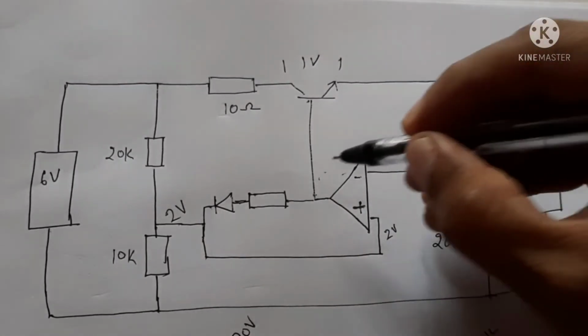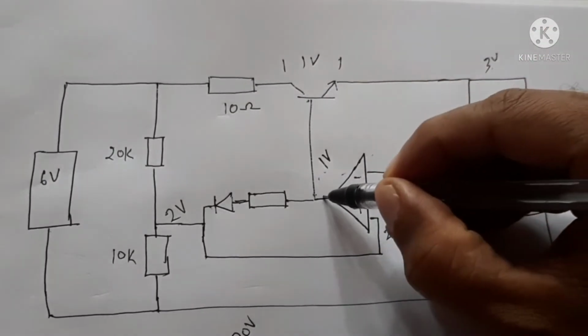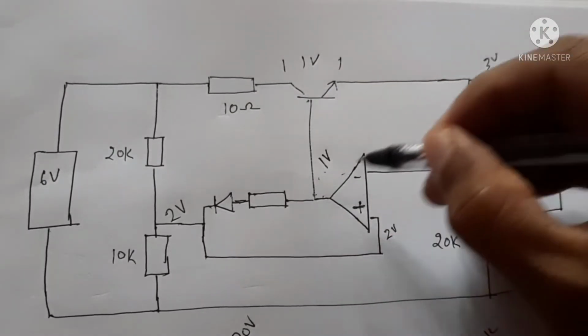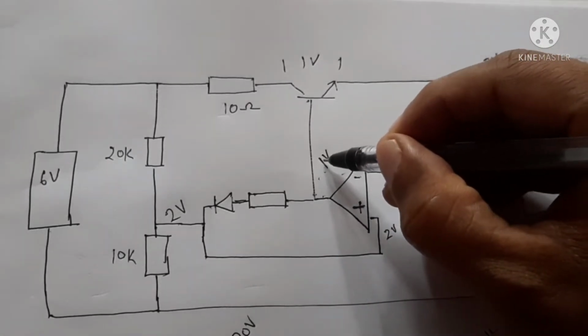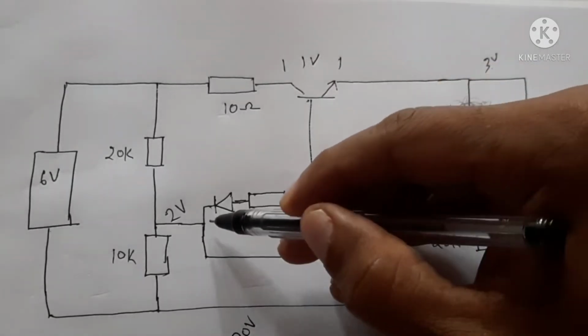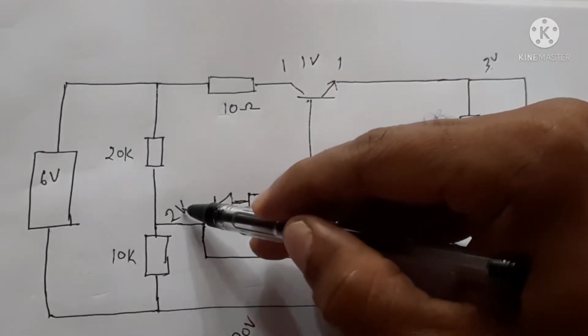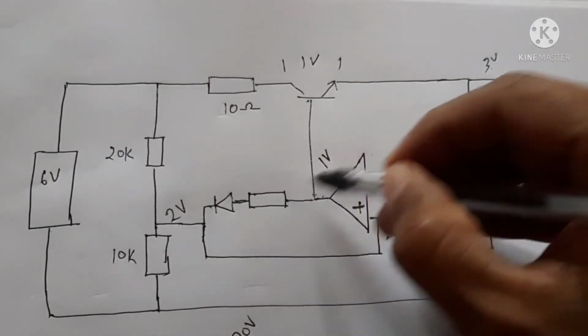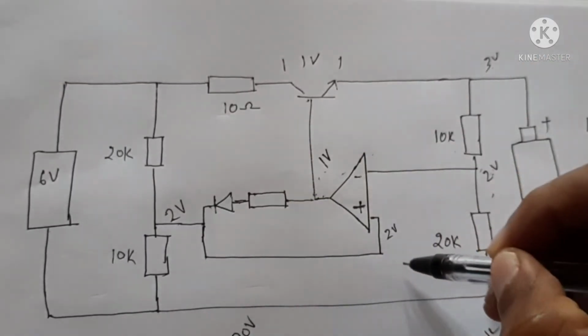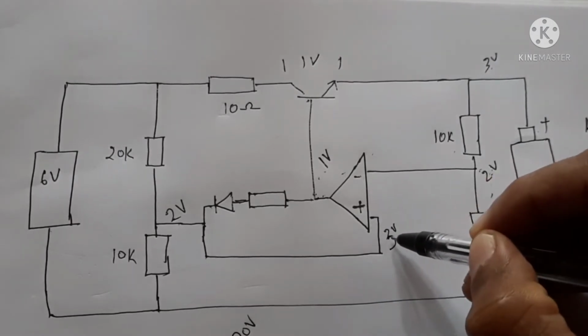If the battery voltage falls below 3 volts, this will be on. When this will be on, say this output of the operational amplifier or comparator is 1 volt. Then this 2 volt plus this 1 volt will give 3 volt. So now the voltage at this point becomes 3 volt.